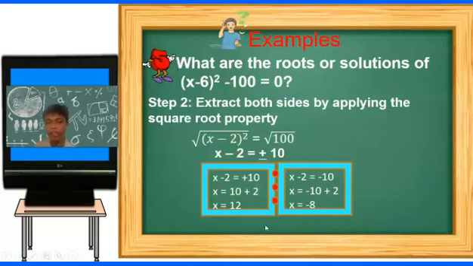For the second solution or root, x minus 6 is equal to negative 10. Ilipat natin yung negative 6 sa right side. So, x is equal to negative 10 plus 6. Since unlike sign tong negative 10 and 6, subtract natin yung numbers. 10 minus 6 is 4.